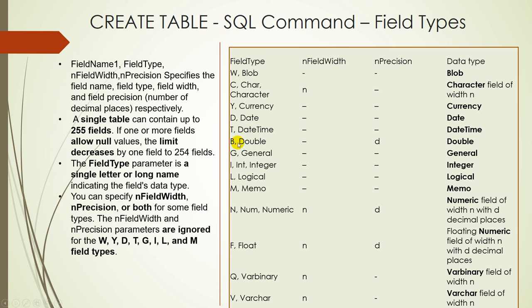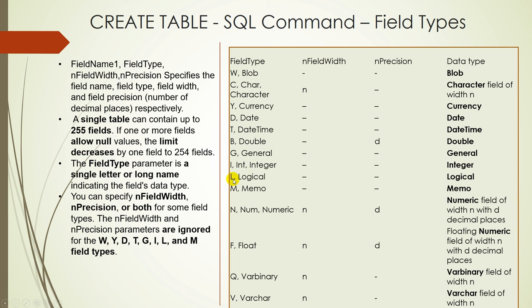B as a double numeric, or G for general, any bit string like a movie or MP3 or a diagram, can be stored in a general field, or I as an integer, a numeric value.